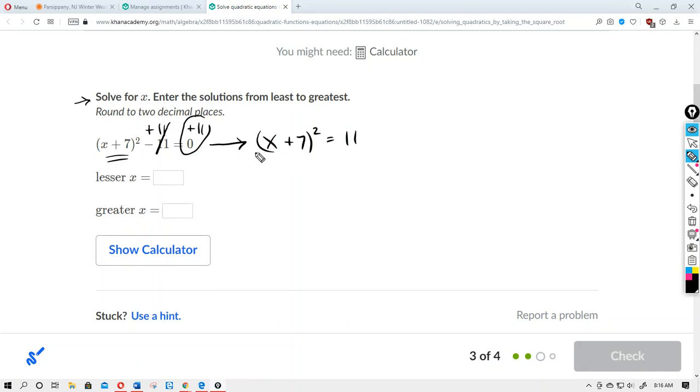Taking the square root of both sides. Taking the square root removes the squared part.